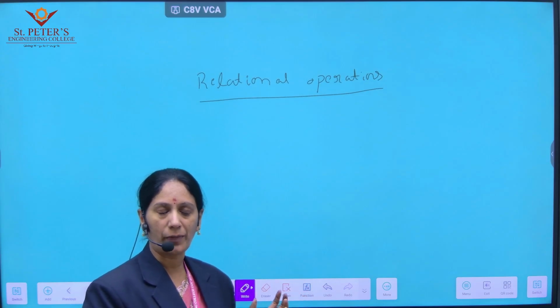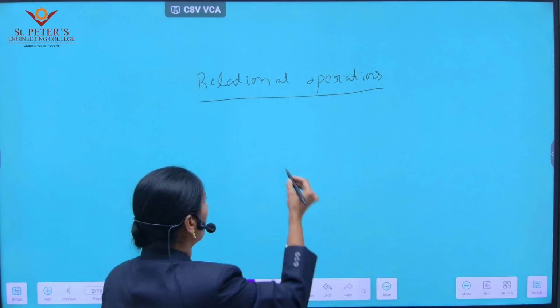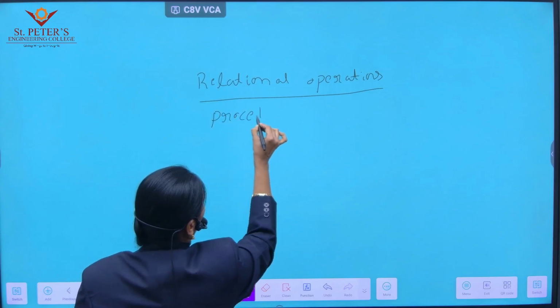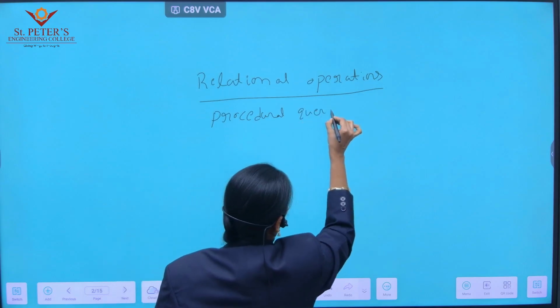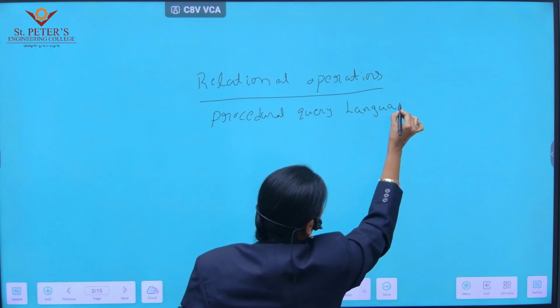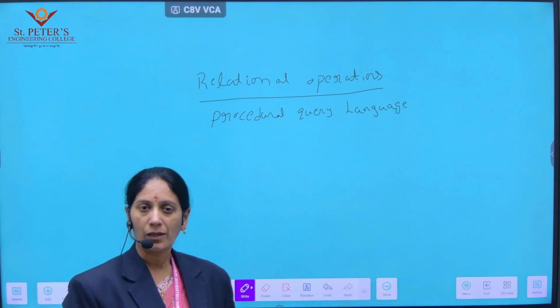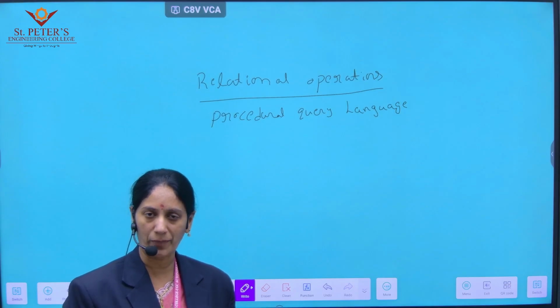The main relational operations is a procedural query language. Actually, relational algebra is one part of the DBMS concept.